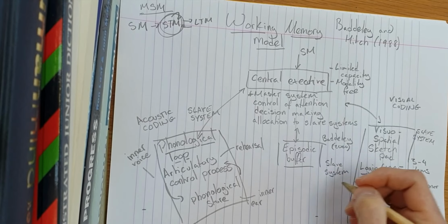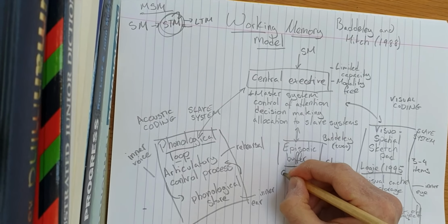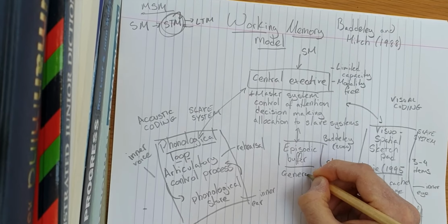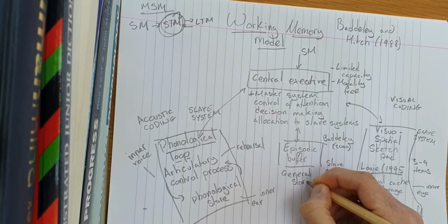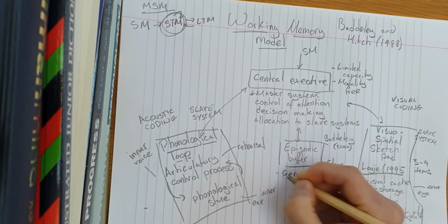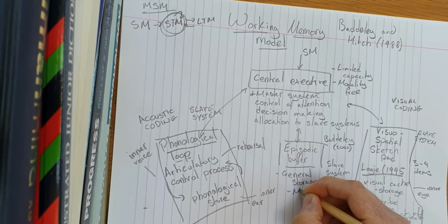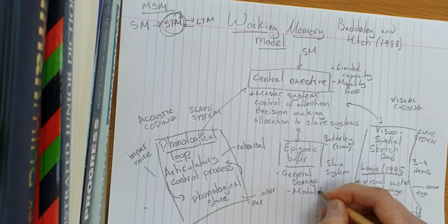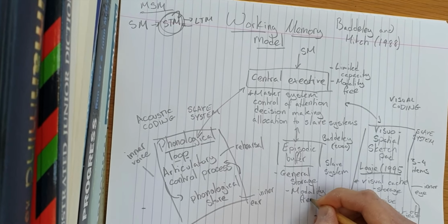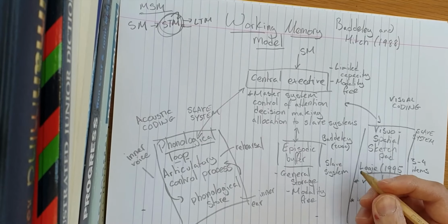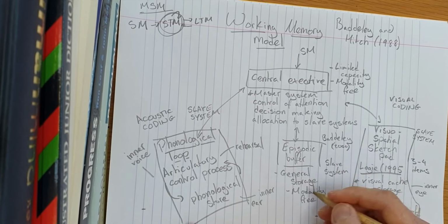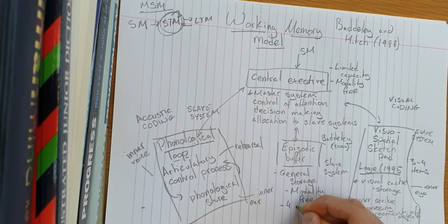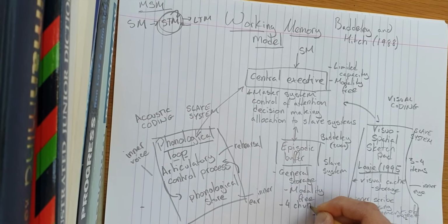So the episodic buffer is a general store of information. It's again modality free. It can store and code any type of information. And we think it's got a capacity of, again, about 4 chunks of information.